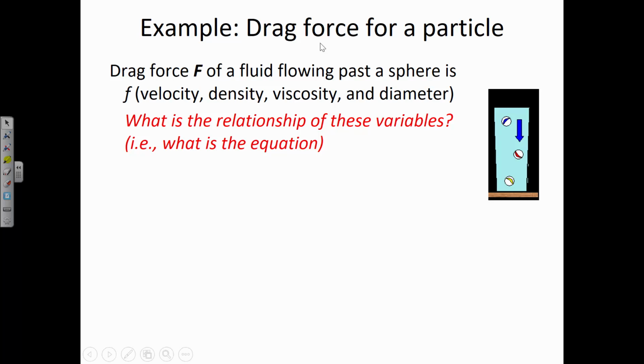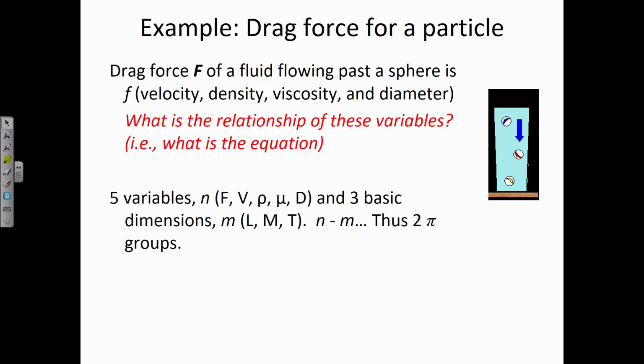Or in the case of diameter, a large diameter sphere would fall downward more slowly because it experiences more drag than does a small diameter sphere. And so velocity, viscosity, density, all those fluid properties we know somehow affect the drag force that a sphere experiences, but we don't know how it fits together.